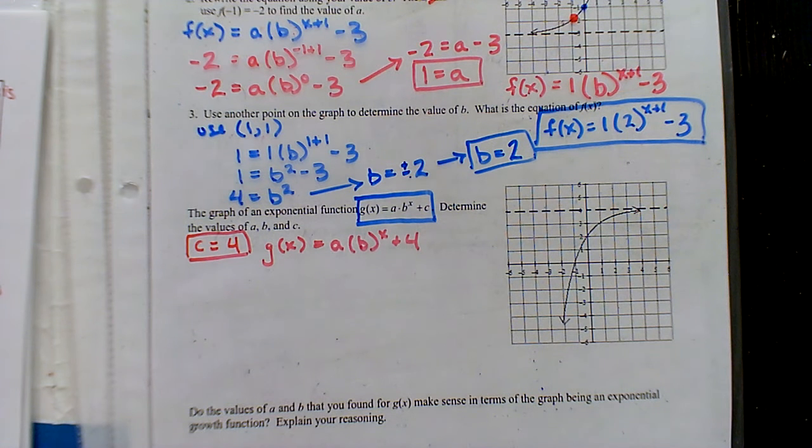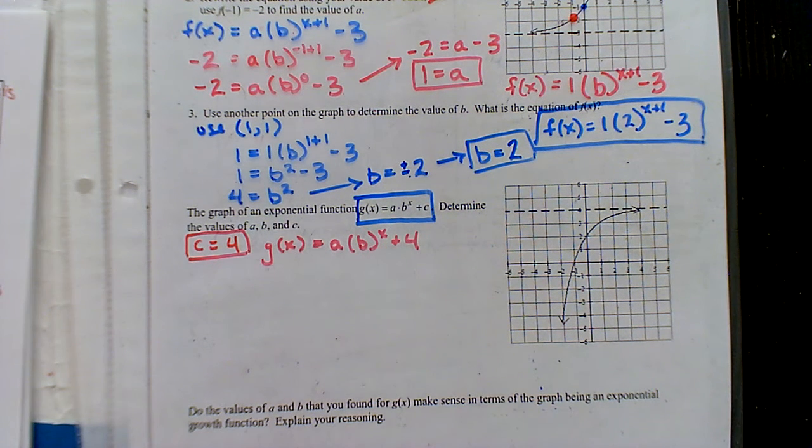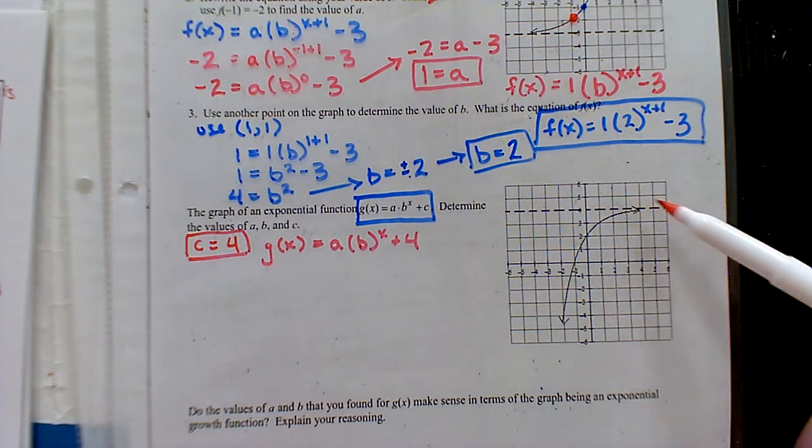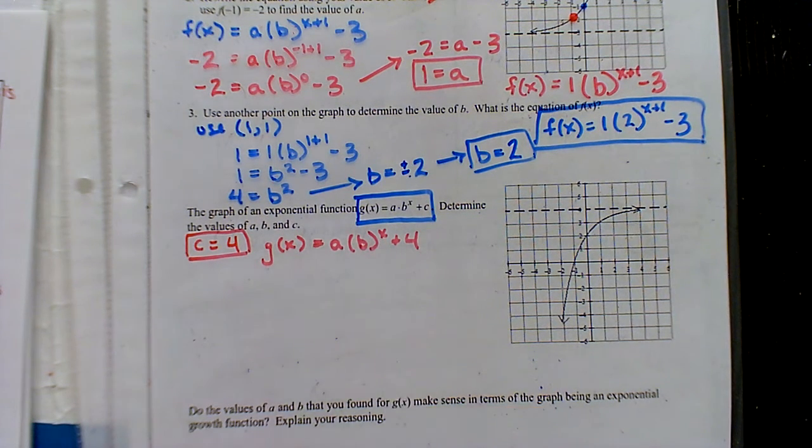Let's go ahead and try to figure out A. In order to figure out A, we have to somehow get the power to be 0. That way the B value would go away. So can you find a point on your graph that would turn that power position to 0?